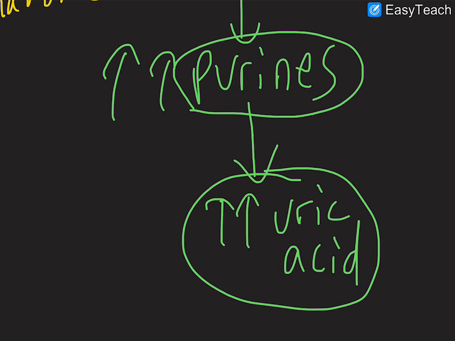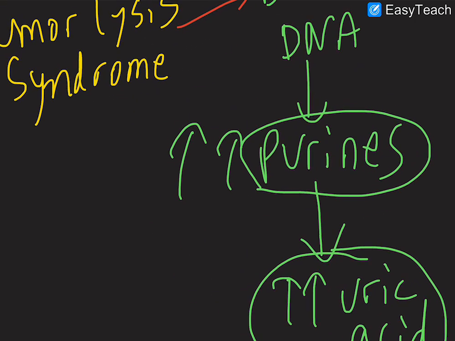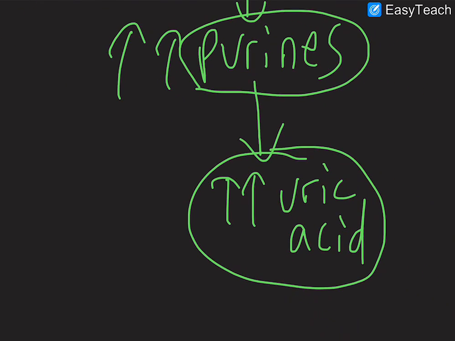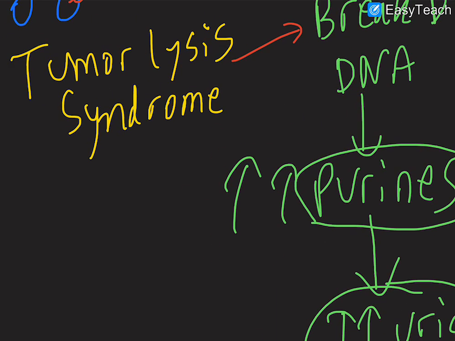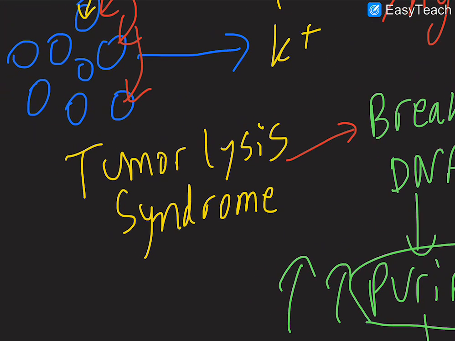So that's the significance of using, for example, rasburicase, or any drug that reduces your uric acid levels. That's the clinical significance, because if your cells are undergoing chemotherapy, that can lead to tumor lysis syndrome.